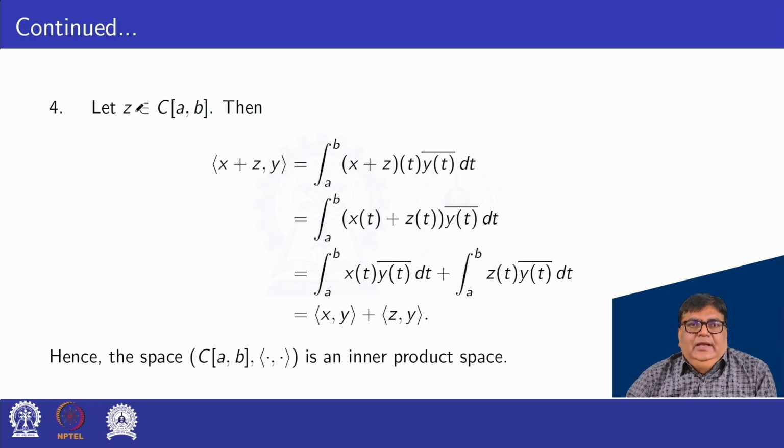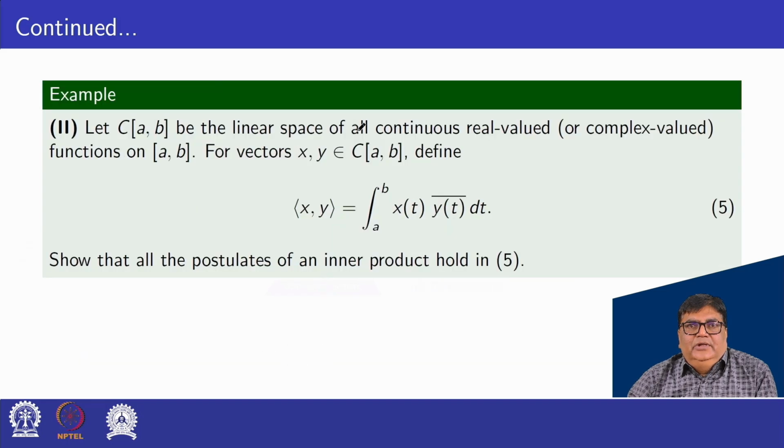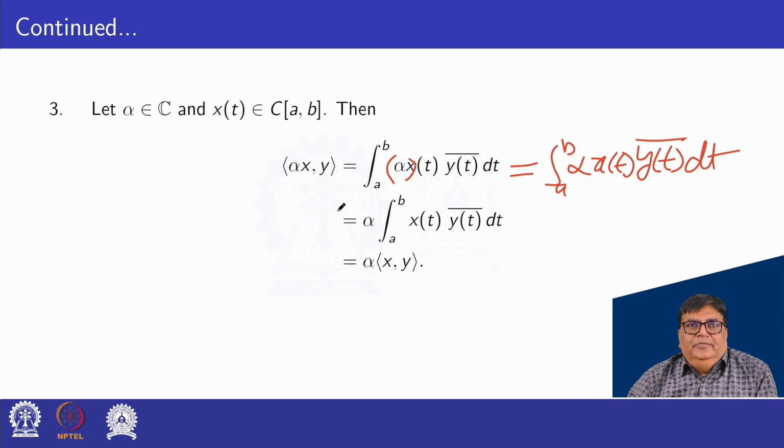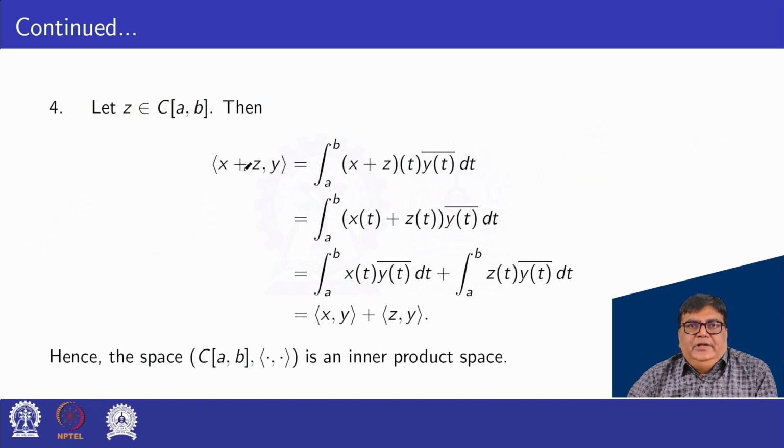Fourth, let z belong to C[a,b], and x, y also belonging to C[a,b] as above. Inner product of x plus z, y equals the integral of (x plus z)(t) y(t) bar dt.